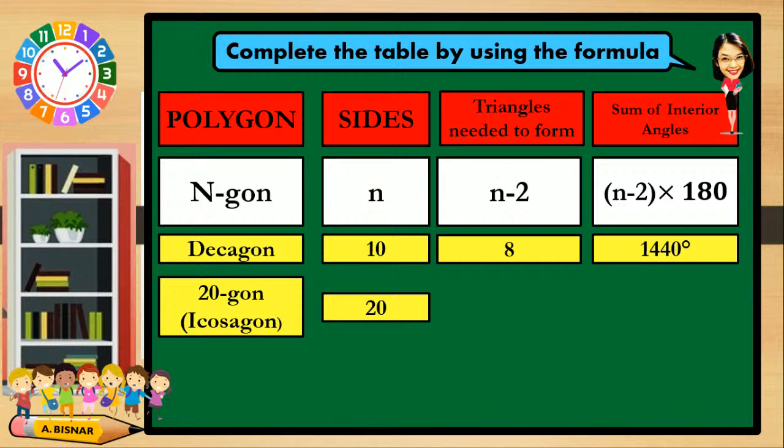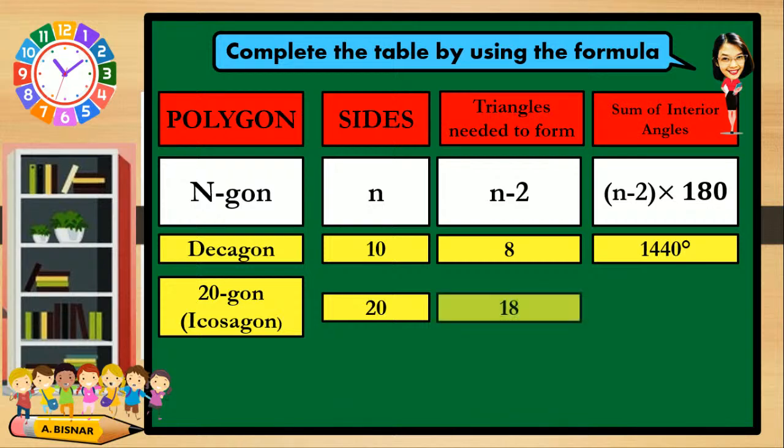Kumakain na yata kayo eh. Malapit na tong matapos. Hello? Okay, ayun. Buti na lang may kausap pa pala ako, si Villarino. Yung iba, hello? Kamusta naman dyan?